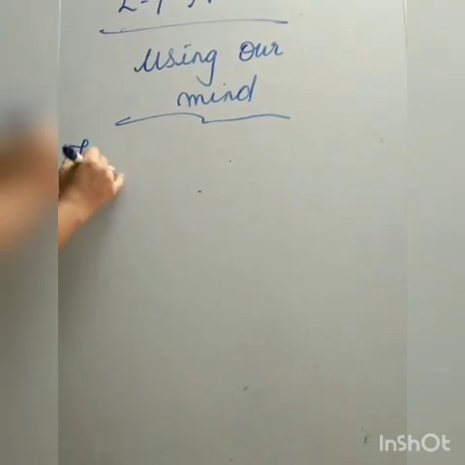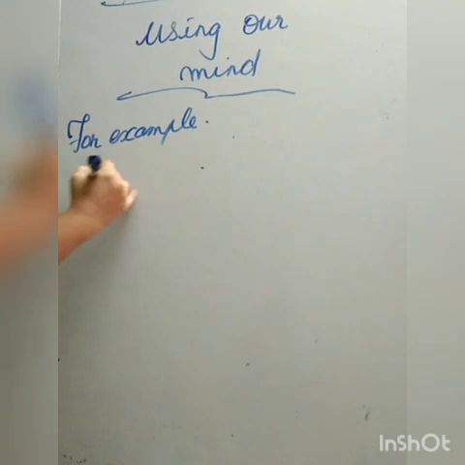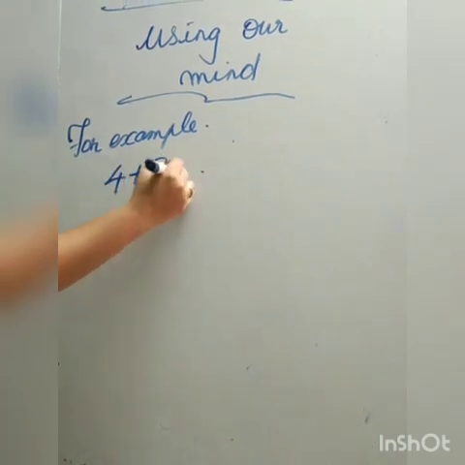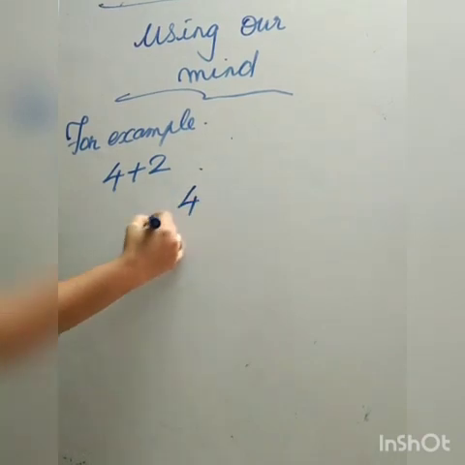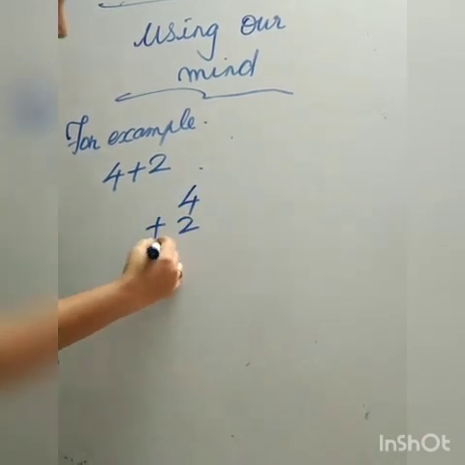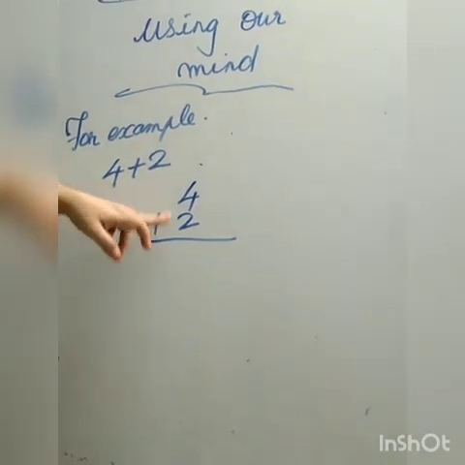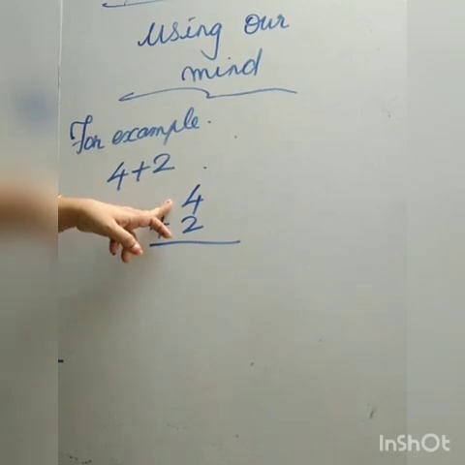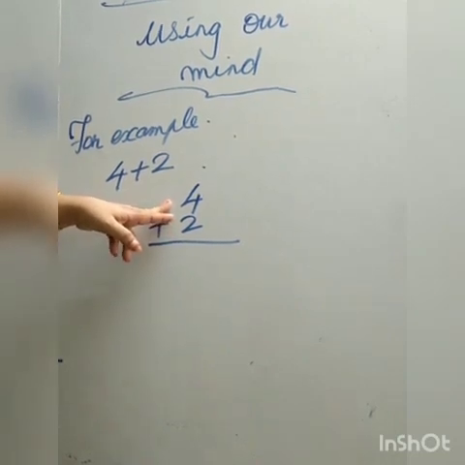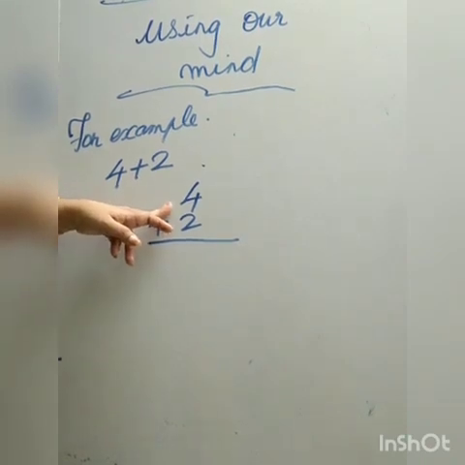For example, 4 plus 2. Can I write 4 plus 2 in vertical order? See, 4 plus 2. Which is the biggest number here? Biggest number means bada number. Here biggest number is 4.